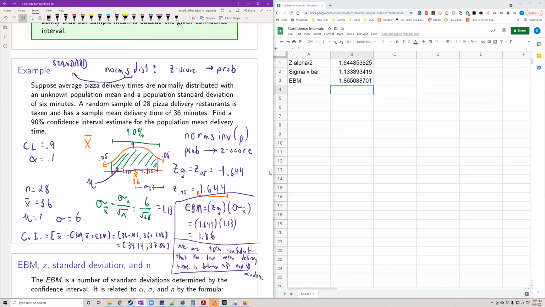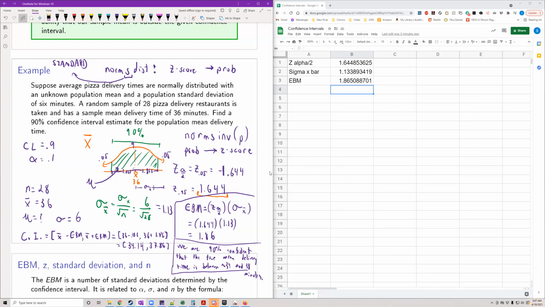Let's walk through all of this one more time before moving on. We're given a mean that we calculated from our sample. We know the size of the sample, and we know what the real standard deviation is. What we want to find is a range where we're 90% sure that the true mean is in that range.